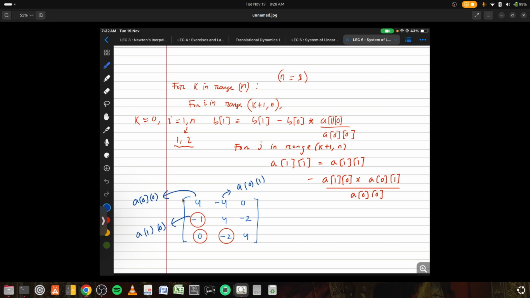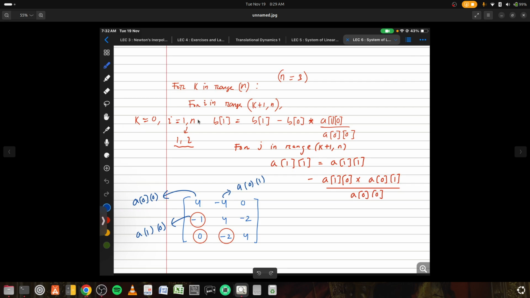Yes, that equation. So how did we do the forward elimination in the first loop? In equation 17 in my note. Yes, and then multiply it.